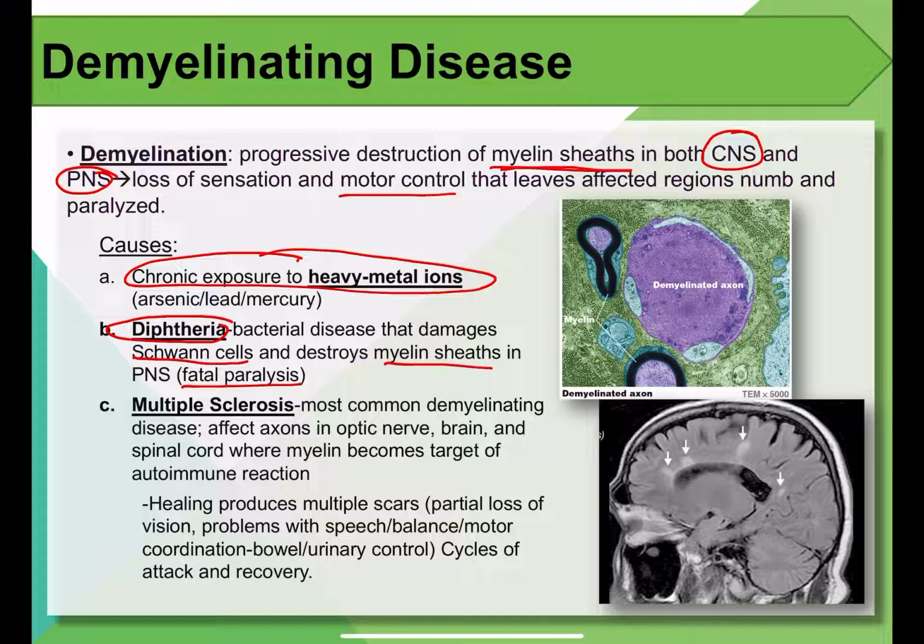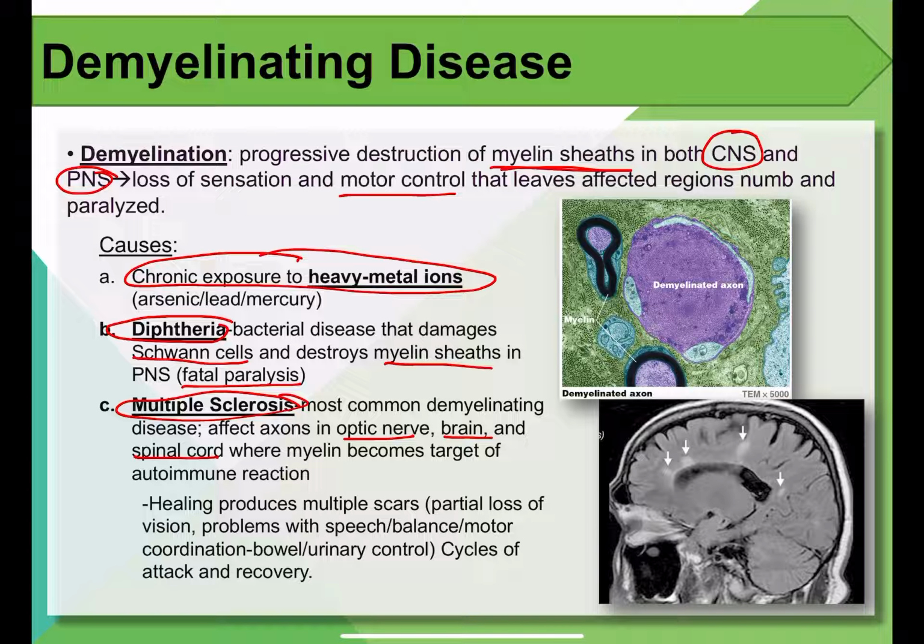But instead of infecting our neurons through retrograde transport, now we're talking about destroying our myelin that's supposed to speed up our action potentials. Multiple sclerosis is an autoimmune disease where somehow your immune system starts attacking myelin out of nowhere, all of a sudden. Okay, so it usually affects axons in the optic nerve, the brain, and spinal cord. Mainly your central nervous system, really, and your immune system just starts demyelinating your axons.